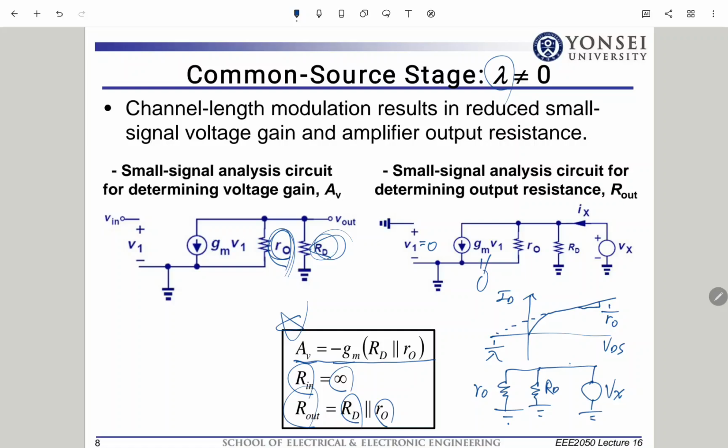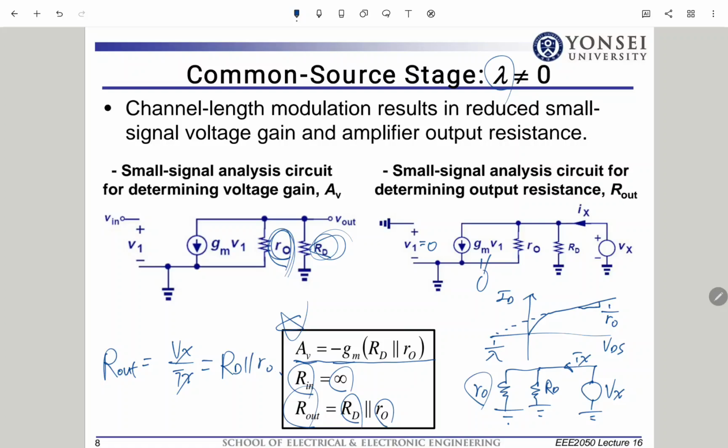With the test source Vx and Ix, you see that R out is equal to Vx over Ix, which is RD in parallel with R naught.